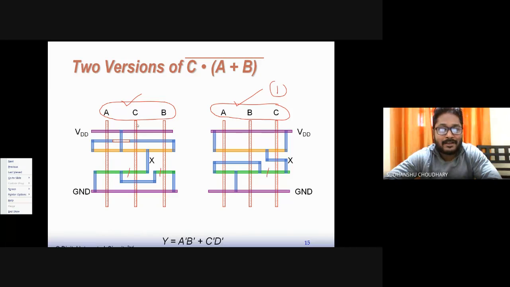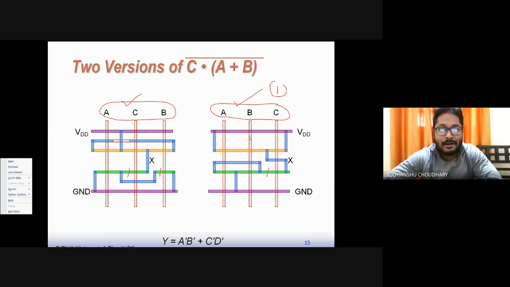So the point here is that we must adhere to some common method by which one can draw an efficient layout, where the placement of these transistors is also given to us by some method which can say that this placement of transistors would be more efficient. So that kind of method we have to learn.